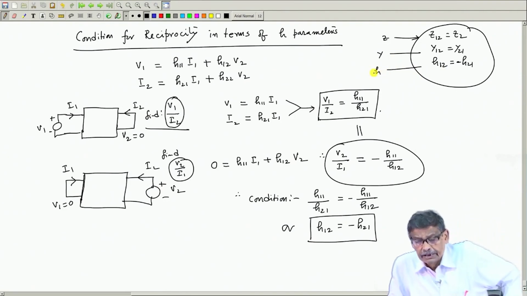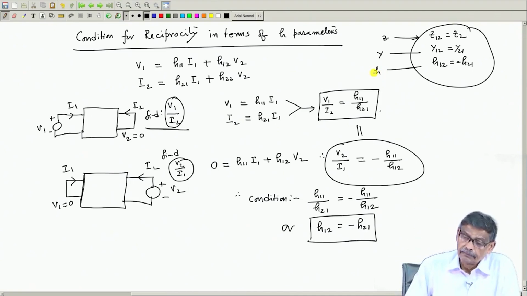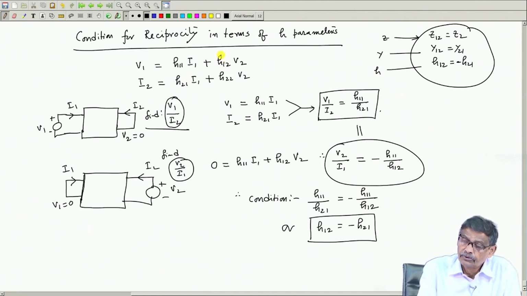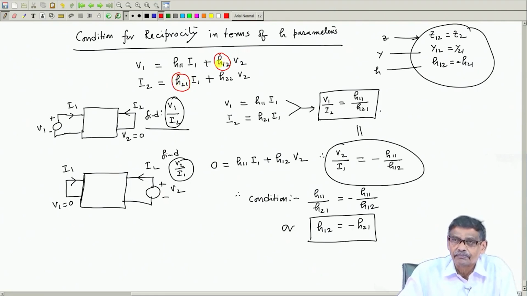Therefore, looking at the parameter values, to establish whether it is reciprocal or not, look at the off-diagonal elements here. If this is 2 and this is minus 2, then this must be reciprocal. Okay.